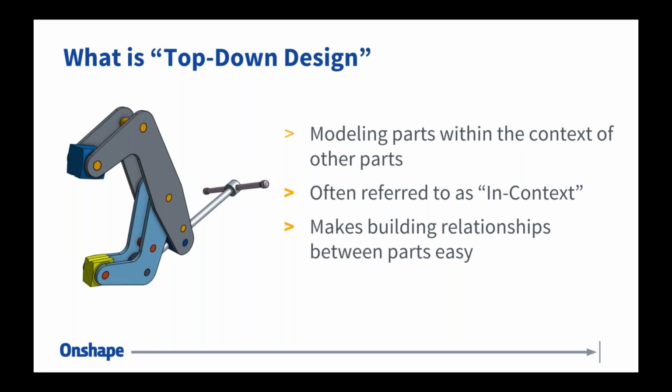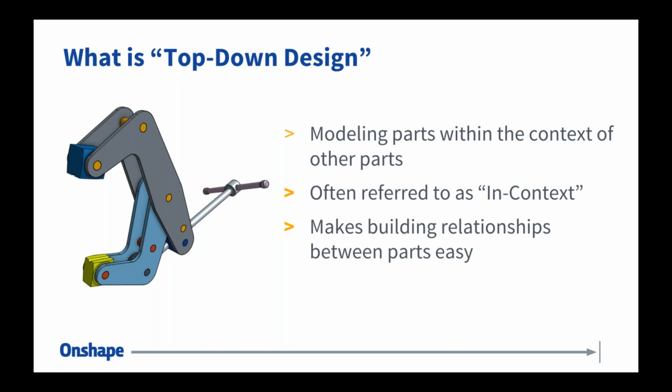So top-down design just lends itself to that kind of design. If you find yourself in a scenario where all of a sudden I'm taking a bunch of measurements to figure out what these values are and going back and forth between tabs, chances are you could have done it a little bit more efficiently using either multi-part modeling or in-context assembly modeling. So that's a simple intro into top-down design.